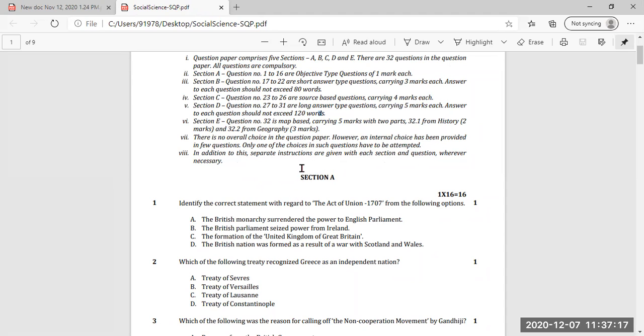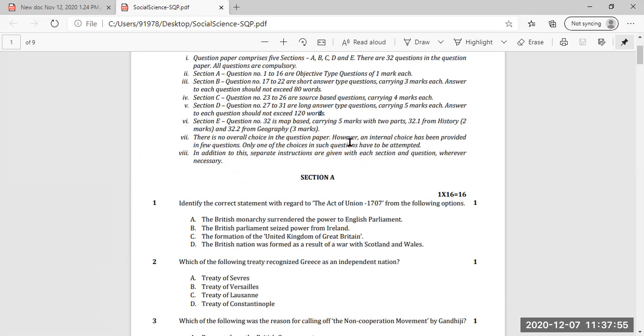Between two questions, an 'or' will be written, and you can attempt either the upper part or the second part. For example, if there is an internal choice at question 16, you can attempt any one question. So internal choice is like this; overall choice will not be there.